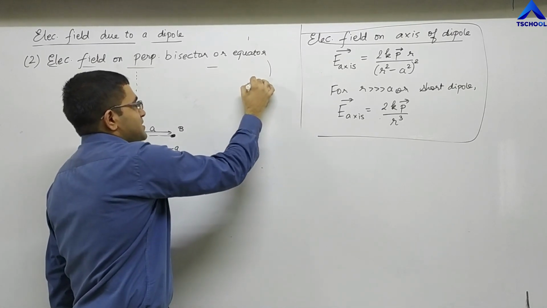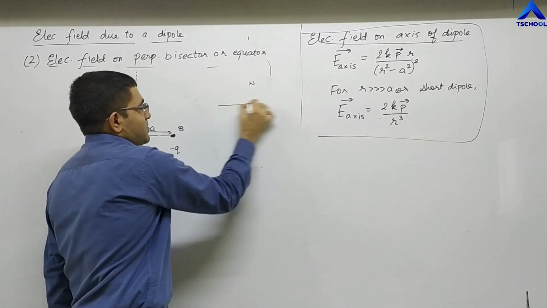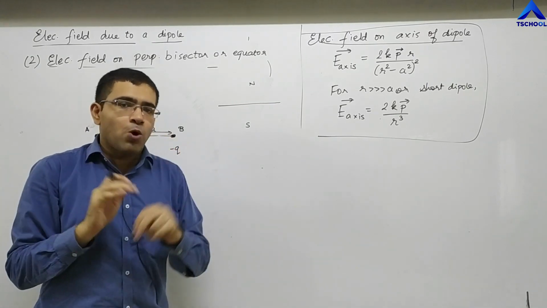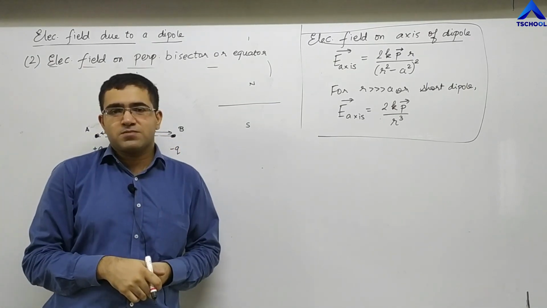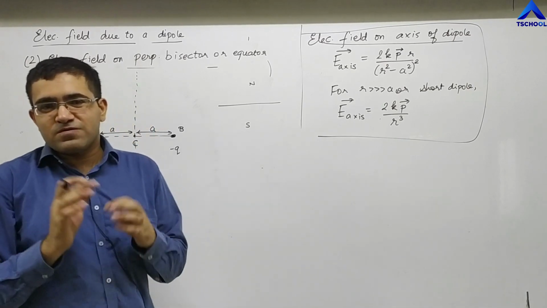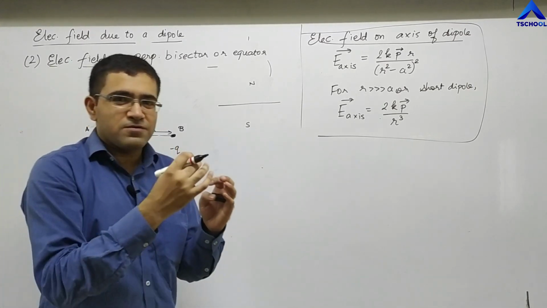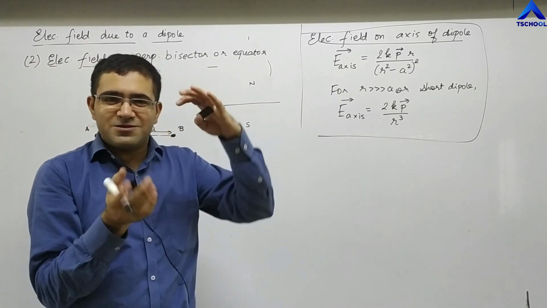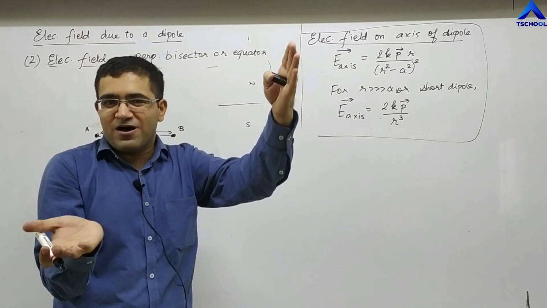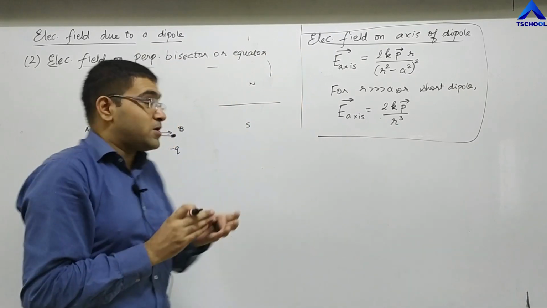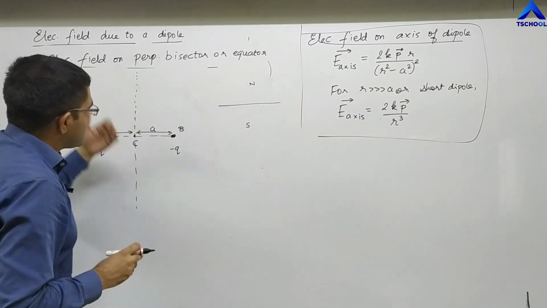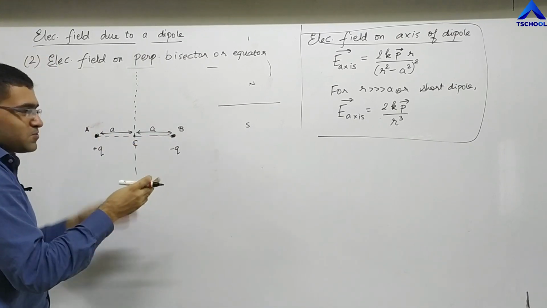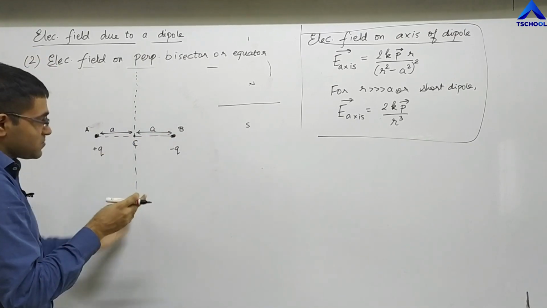Equator is actually nothing but a line that cuts or bisects perpendicularly the 2 poles of any system. If you think of the equator on the surface of Earth, that's the line that divides the Earth into 2 halves. So what we have here is the same. Like there's North Pole, South Pole, cut them into 2. Not like this. That's the axis. This one.